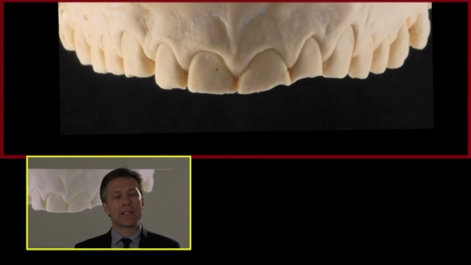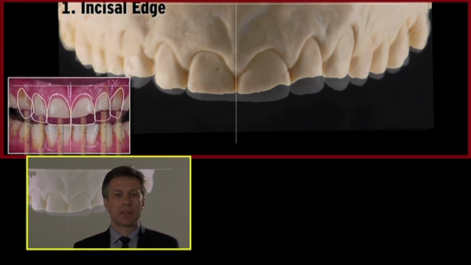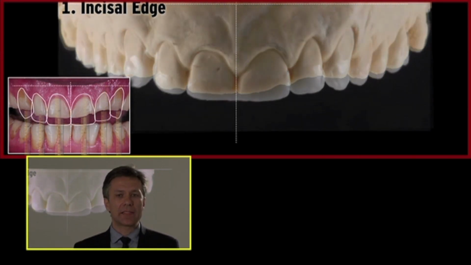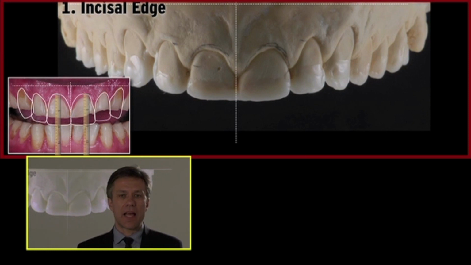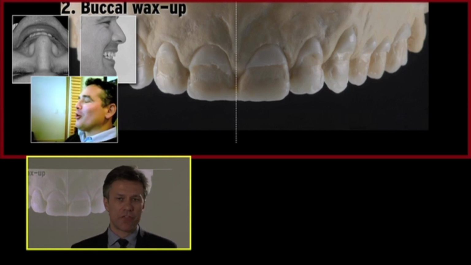Here, step by step, the way you do it: we have first of all the incisal edge increasing. We add some wax on the incisal edge. We add some wax on the buccal surface, trying to reestablish only the buccal surface.